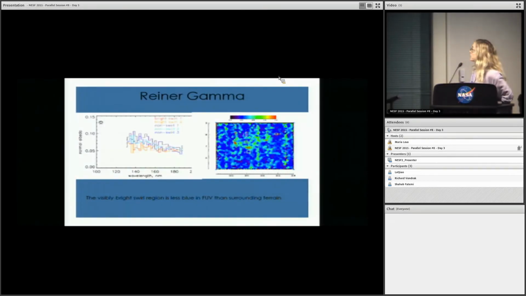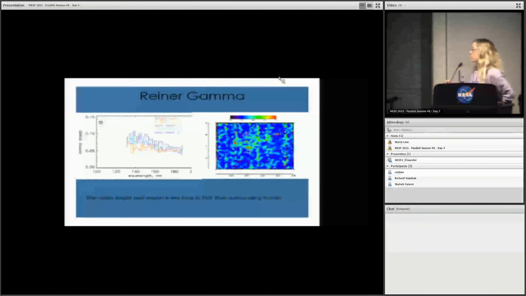The on-swirl regions here are chosen from areas that are visibly bright and have redder FUV ratios, and they are pretty spectrally flat. I didn't do any normalizing of spectra here. They're all about the same order of magnitude brightness, but they have different spectral shapes. So the visibly bright swirl region is less blue in the FUV than the surrounding terrain.